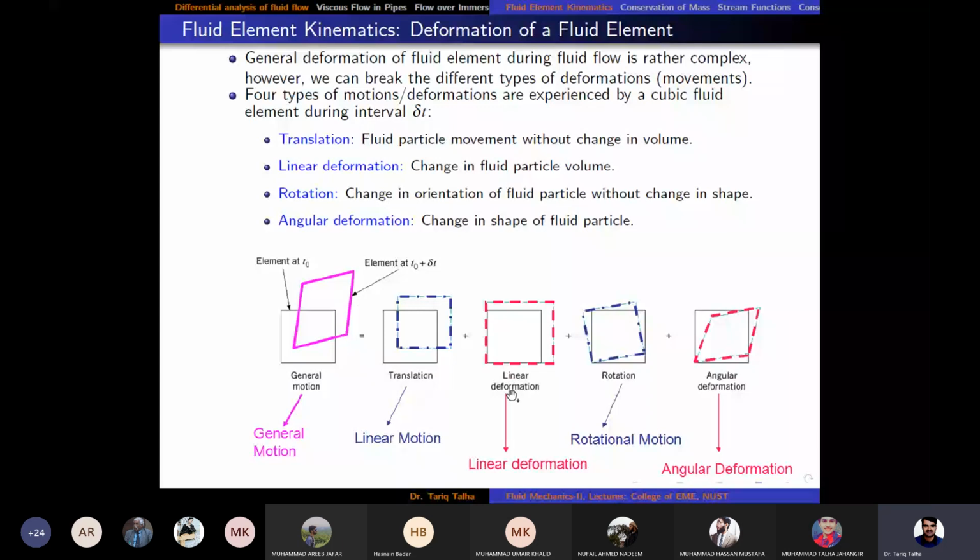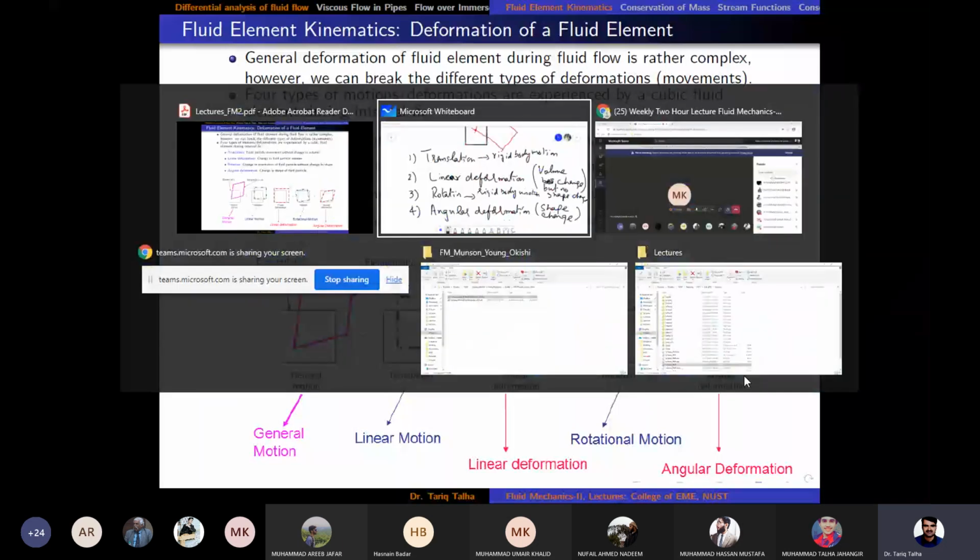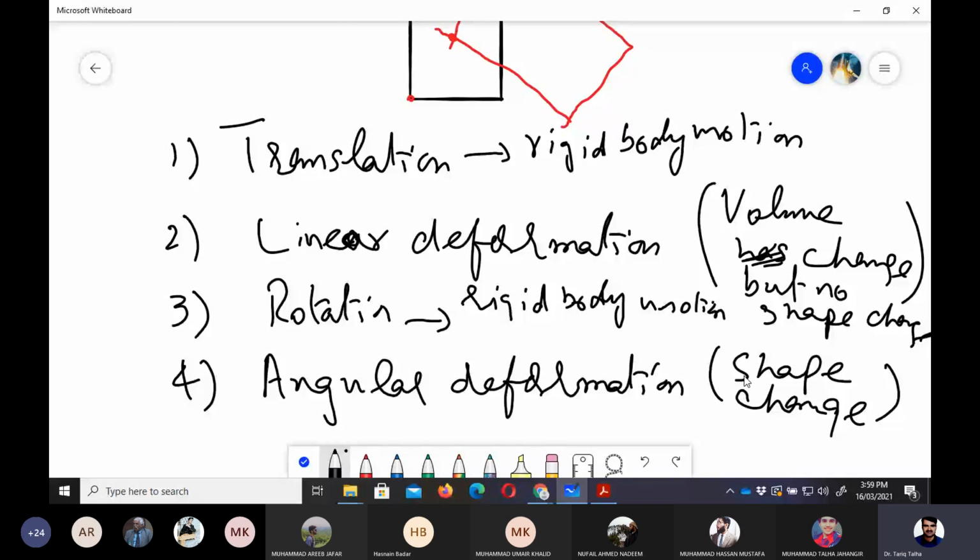But in linear deformation, the volume has changed, and in angular deformation, the shape of that element has changed. Okay, so now we have discussed these four types of deformation.